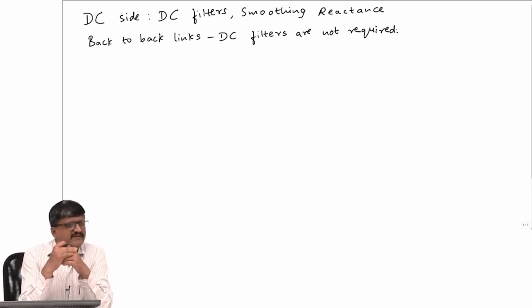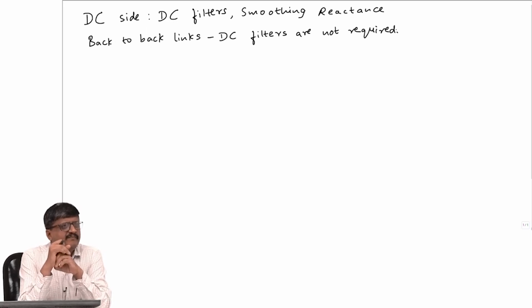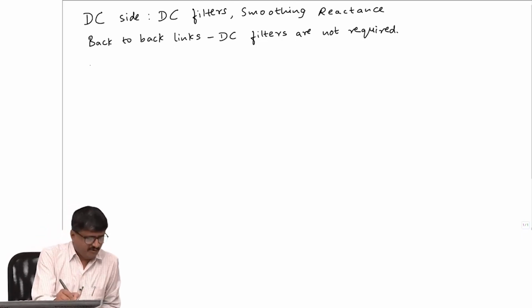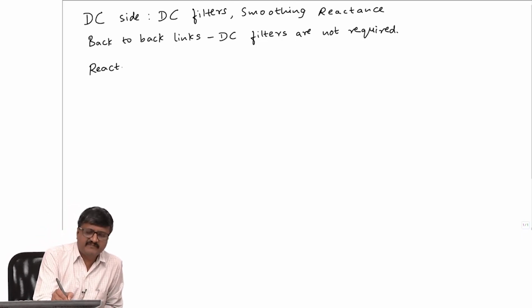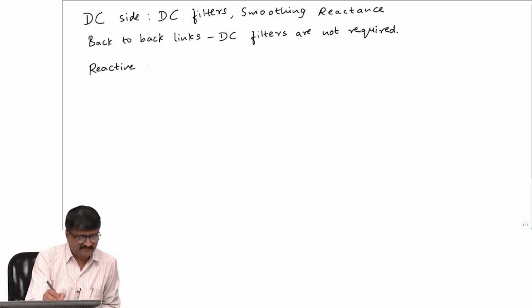We will briefly look at one more equipment that is required in a DC transmission system. We saw that the reactive power is actually absorbed by the converter. Okay. So, from where does this reactive power come?